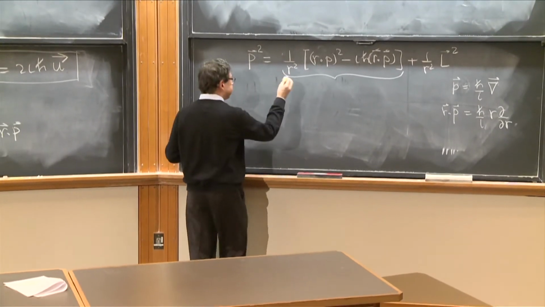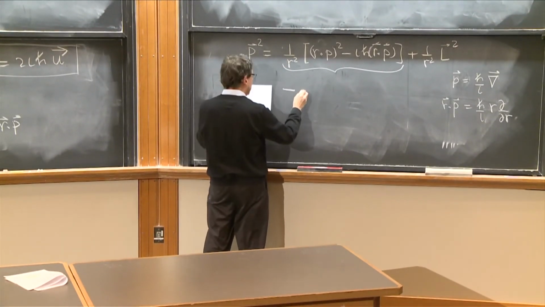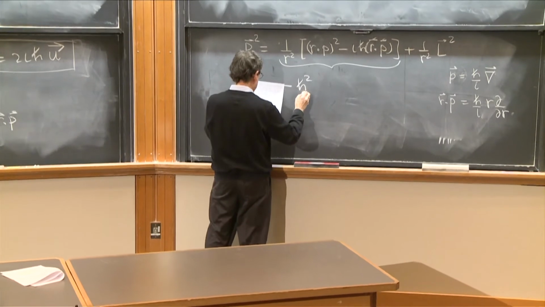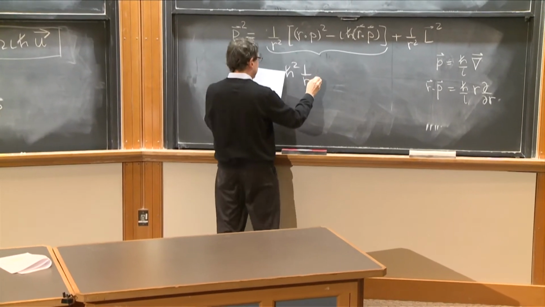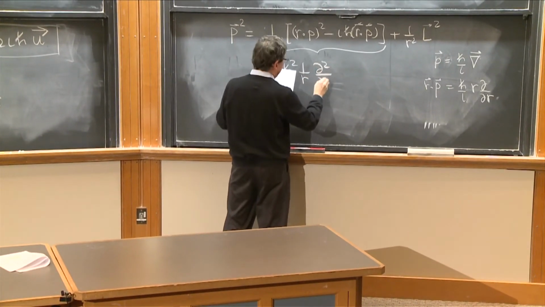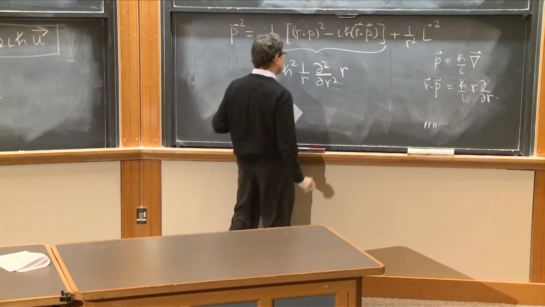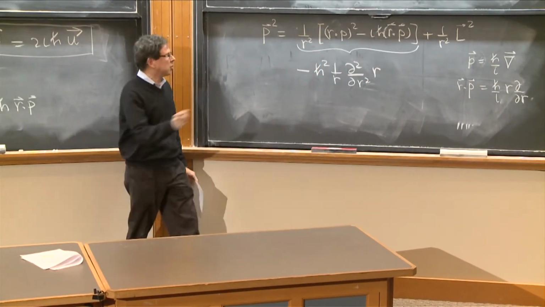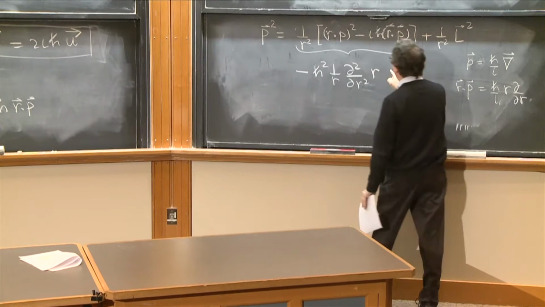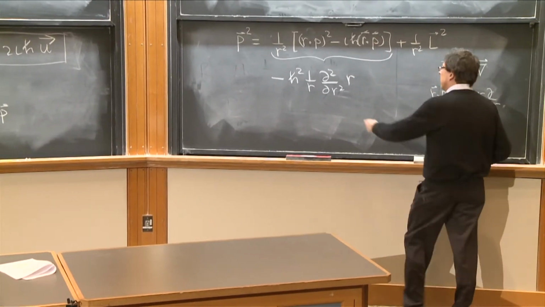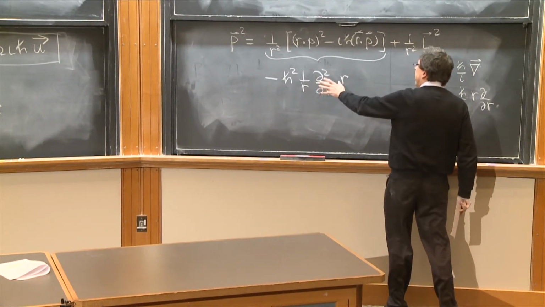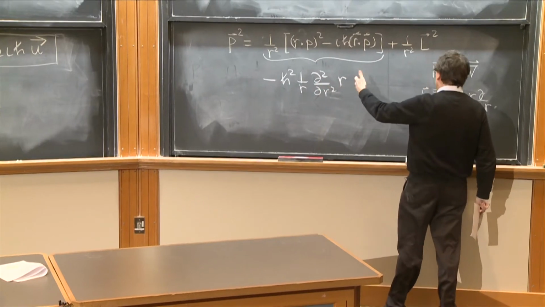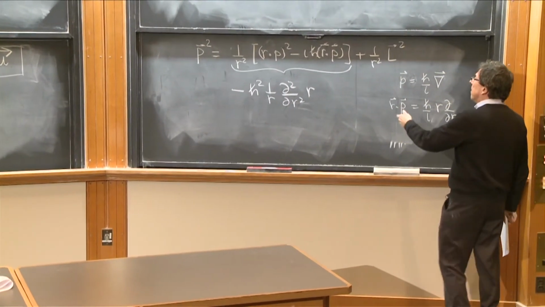I will not do it because it's in the notes, and you get minus h bar squared 1 over R d second dr squared R. In a funny notation, the R is on the right, and the 1 over R is on the left. And you would say, this doesn't sound right.